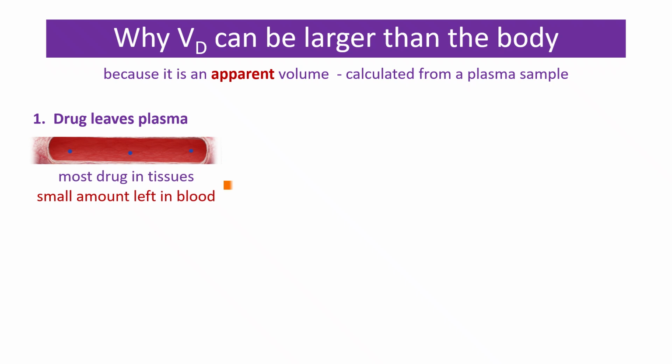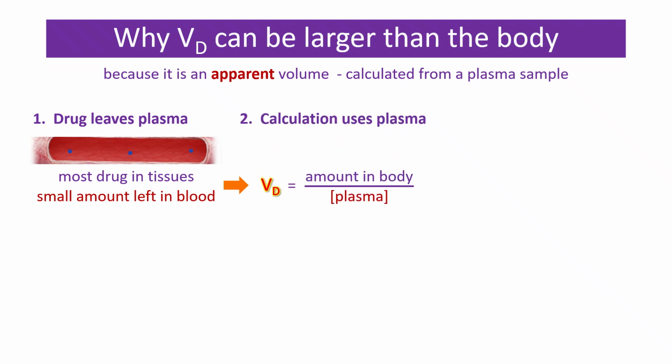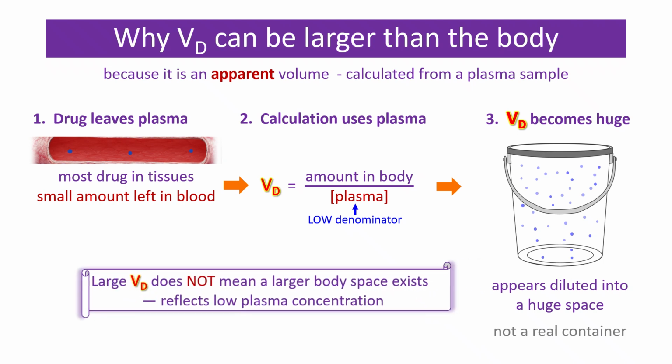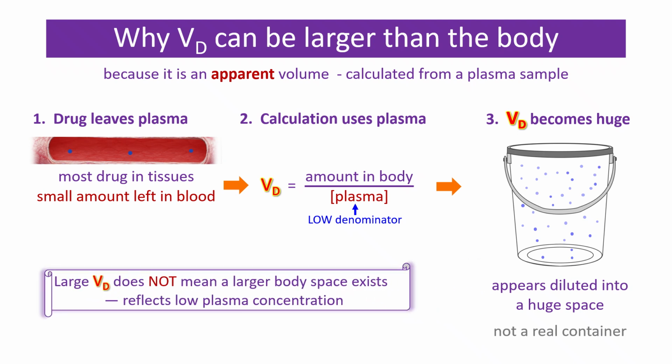Since the volume is calculated from that low plasma concentration, it can become very large. That is because the drug appears to have been diluted into a huge space, which is an apparent, not a real space. So, a large volume of distribution does not mean a larger body space exists. It reflects low plasma concentration after drug has distributed to tissues.